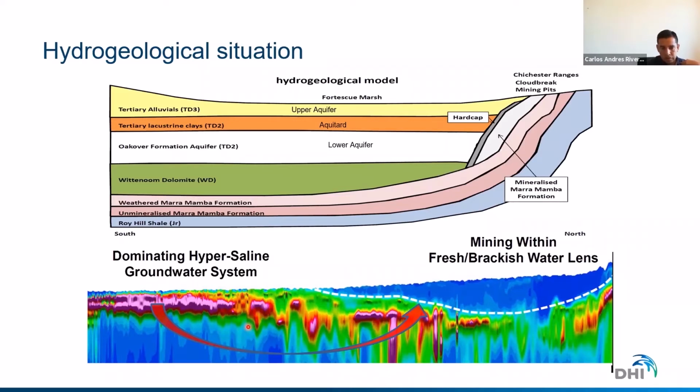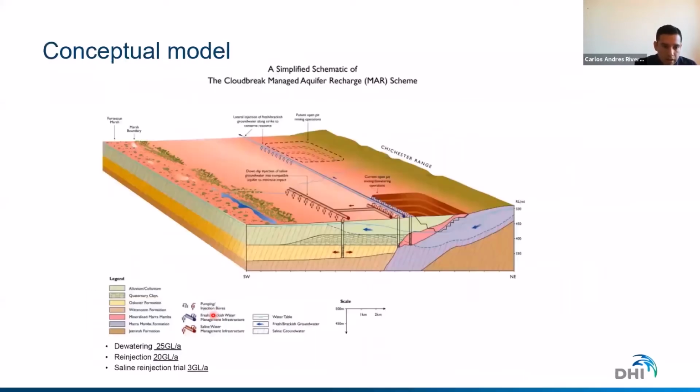Very interesting to see is the lower section of the PowerPoint slide. We have a fresh-brackish water lens, and a groundwater system that is dominated by hypersaline water. All these are really important processes that we cannot avoid because flow will be dominated by density gradients here, and we need to incorporate this process in the system.